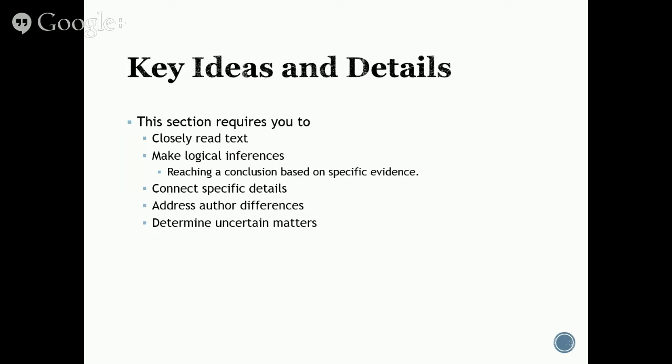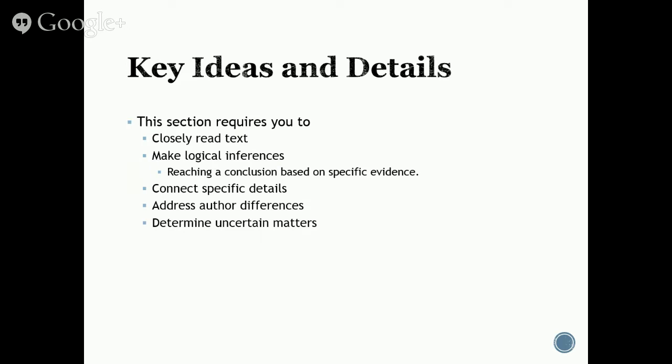So in the key ideas and details section, you're going to have to closely read a text. You're going to be making logical inferences. In other words, you're reaching a conclusion based on specific evidence. Your inference is not based on what you think you know. You should be able to find the information and inferences within the actual text.